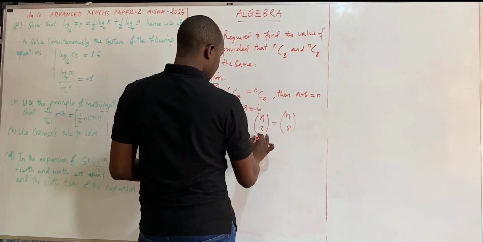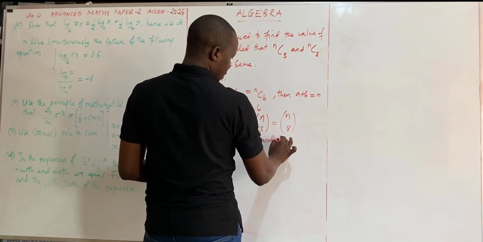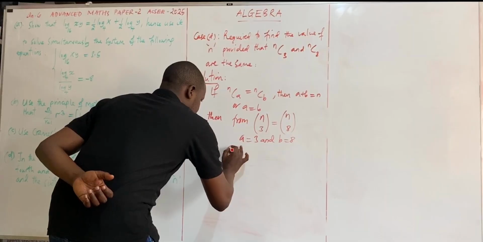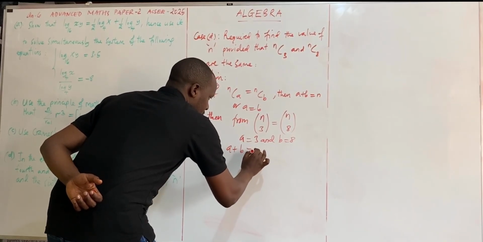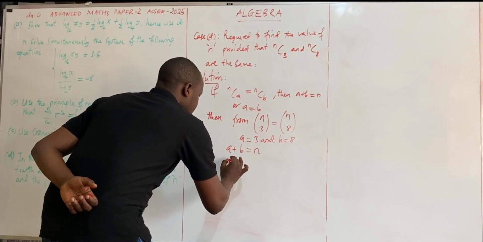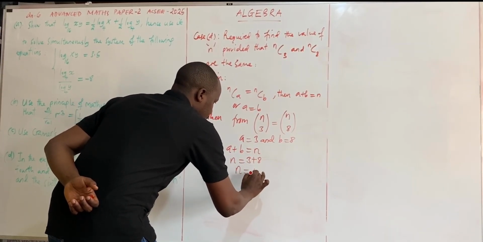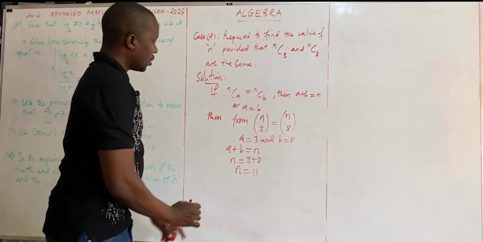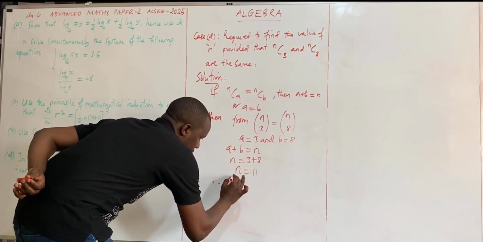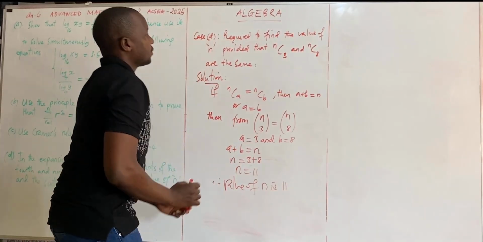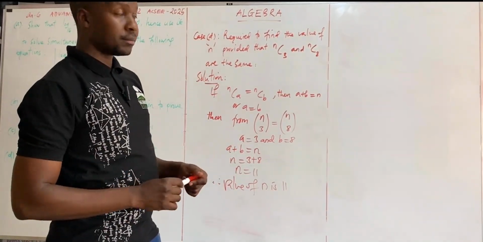A is 3 and B is 8, so we employ A plus B equals n. So n is 3 plus 8, n equals 11. So the value of n is 11.